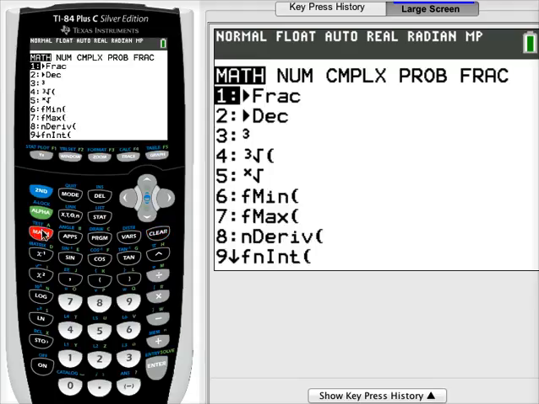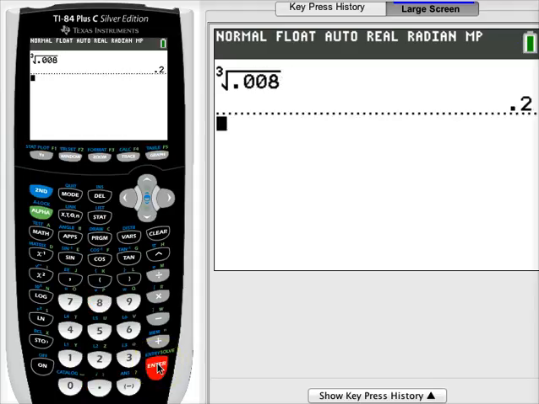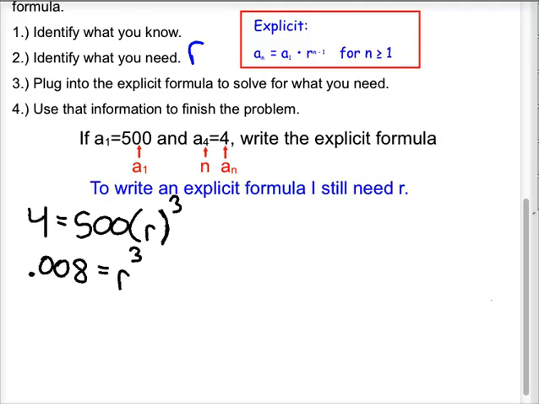If you go into the math feature, your cube root is right there. So scroll down to there, cube root of 0.008. My r is 0.2. All right, so I have my r value now.